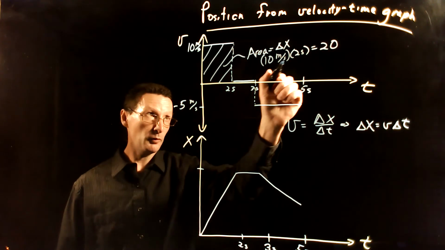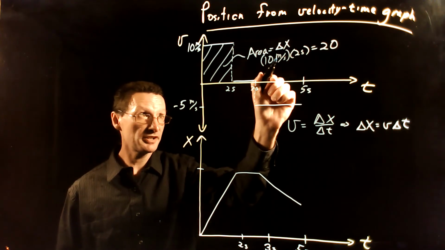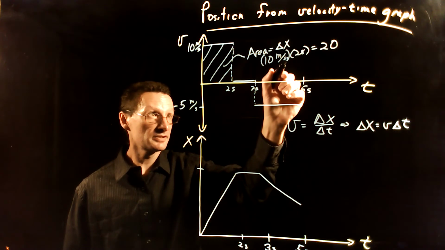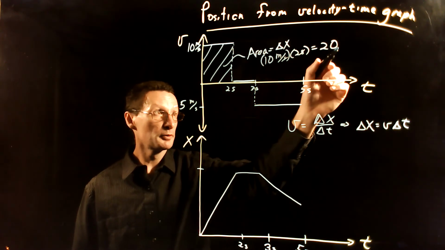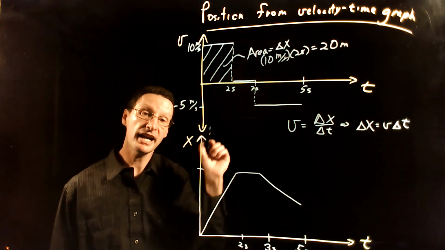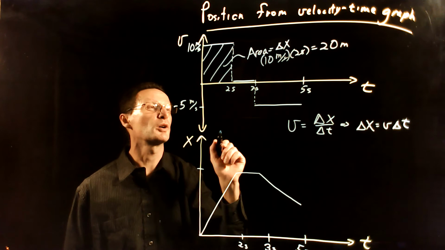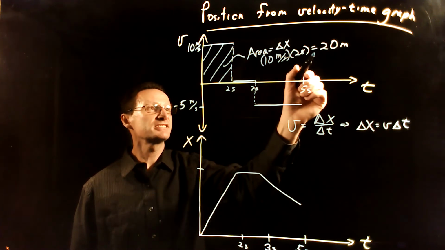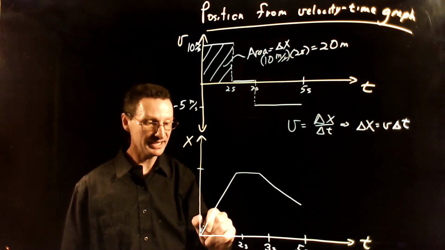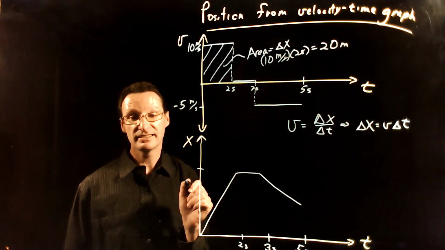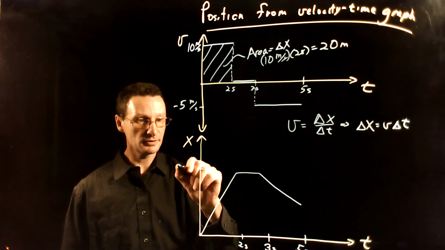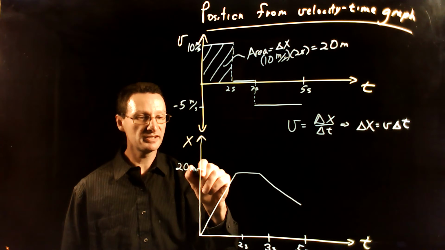But notice why I did this in detail: I wanted to show you that the meters per second times the seconds, the seconds cancel, and I'm left with 20 meters. So even this process can help us check ourselves to make sure we're doing it the right way. This says the area here is a positive 20. That means I need to increase my position by 20. Since I started at 0, I will go up to 20 meters here.